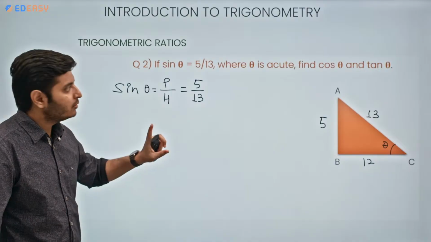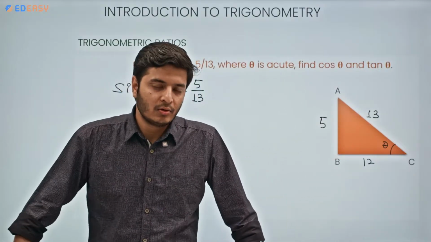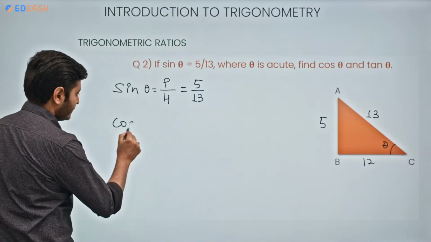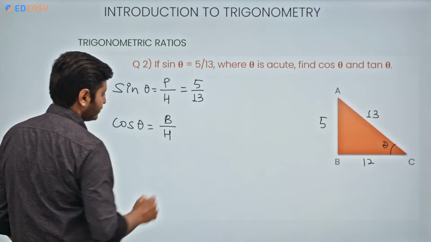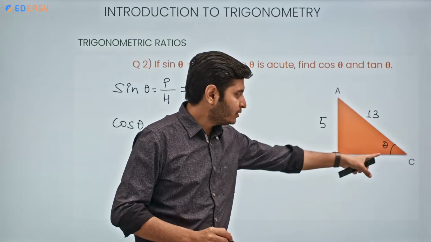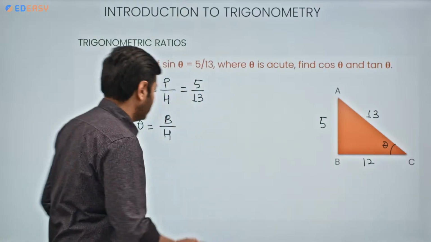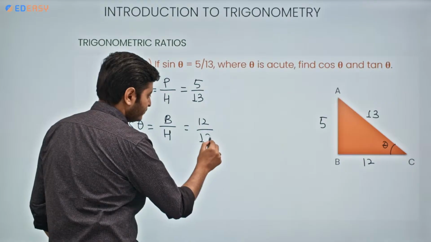Sin theta we already know, we need to find the value of cos theta. So cos theta is base by hypotenuse. Base value is 12 now, because theta is here, no? Side adjacent is the base, so 12. Hypotenuse is hypotenuse.